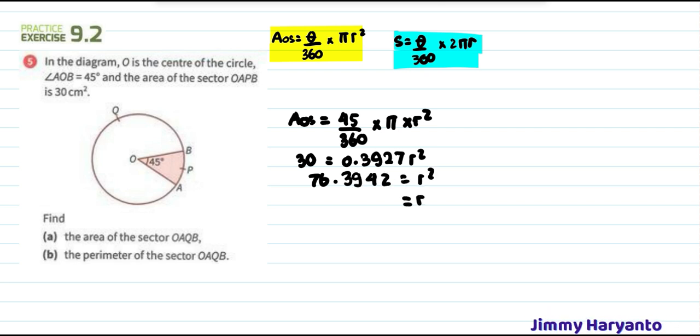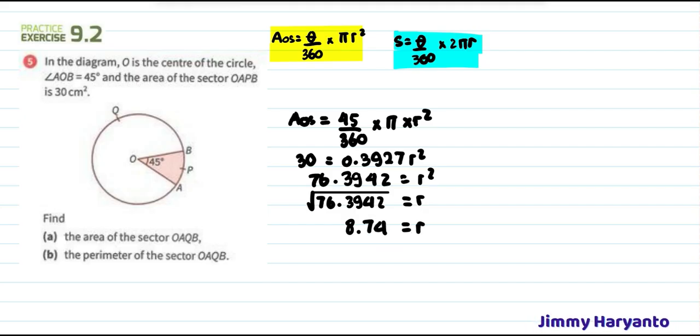That means r equals square root of 76.3942, and the answer is 8.74 equals r. So the radius equals 8.74.